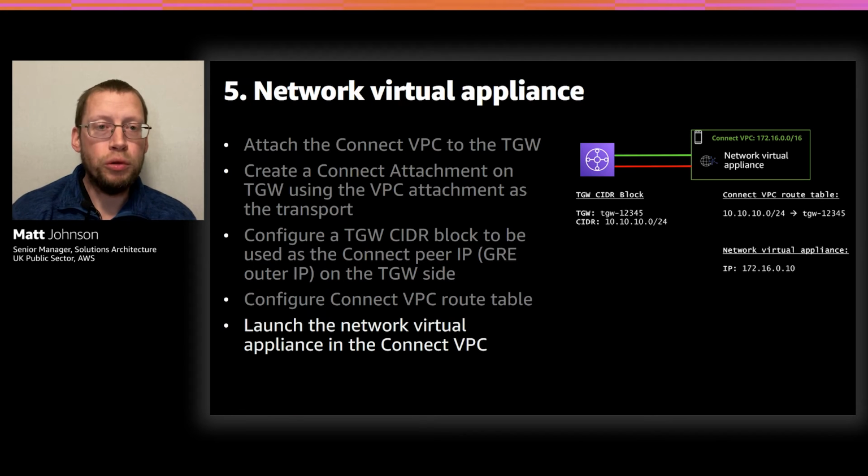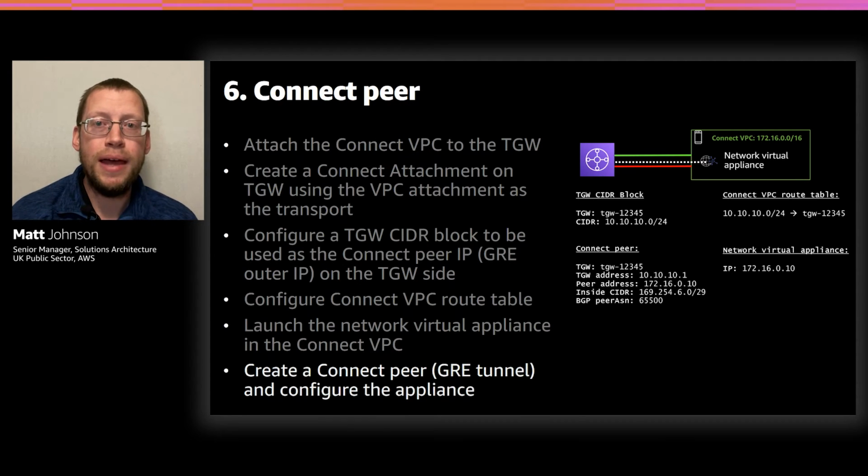The next thing we do is we'll launch a network virtual appliance. So this could be our SD-WAN hub or other network router. And that will get an IP address from that VPC. So in this case, it's gained the address 172.16.0.10. And the final piece of the puzzle is that we then create a Connect peer, which is the GRE tunnel, between the network virtual appliance and the transit gateway Connect.